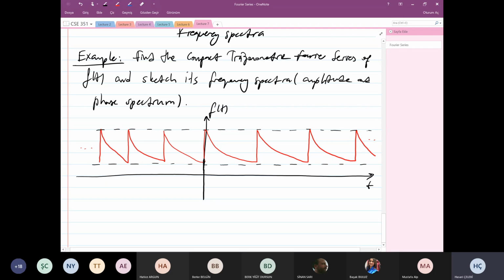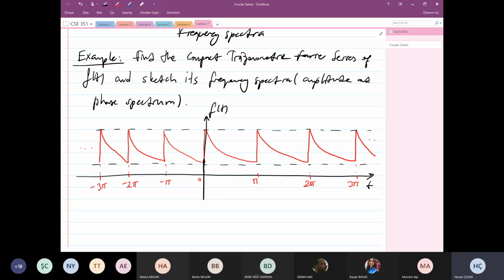So 0, pi, 2 pi, 3 pi, minus pi, minus 2 pi, minus 3 pi.